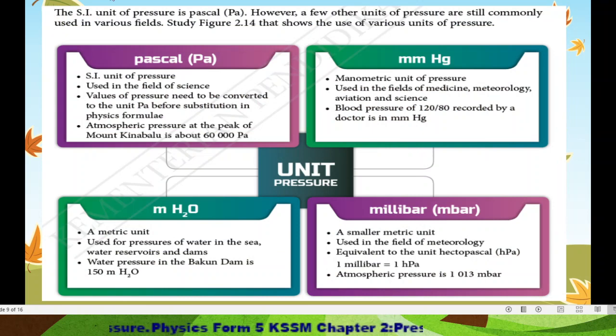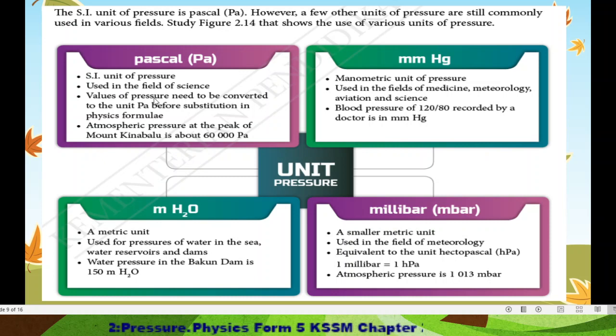Okay, the SI unit of pressure, normally we use Pascal, which equals Newton per meter squared, N m^-2. However, a few other units of pressure are still commonly used in various fields. Study the figure below, so we can use various units of pressure. Pascal is known as the SI unit for pressure.